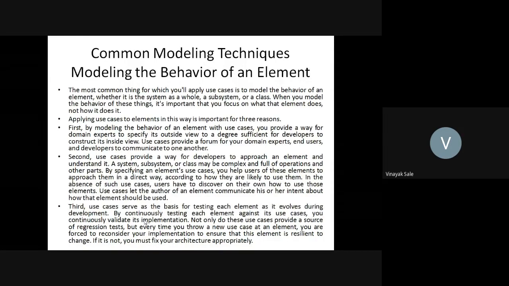Not only do these use cases provide a source of regression tests, but every time you throw a new use case at an element, you are forced to reconsider your implementation to ensure that the element is resilient to change. If it is not, you must fix your architecture appropriately.